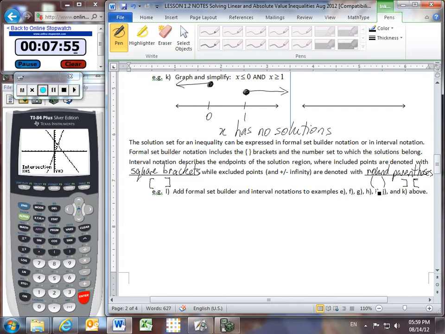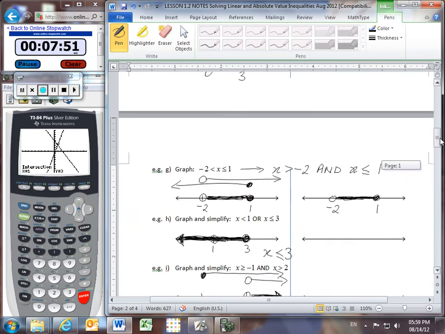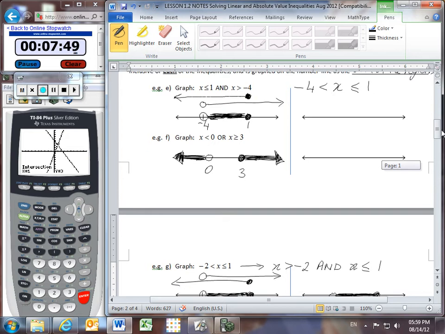All right, let's go all the way back to example E. And we'll express it in formal set builder notation and in interval notation. All right, here we go. Let's do formal set notation first. We'll open up the set of braces.